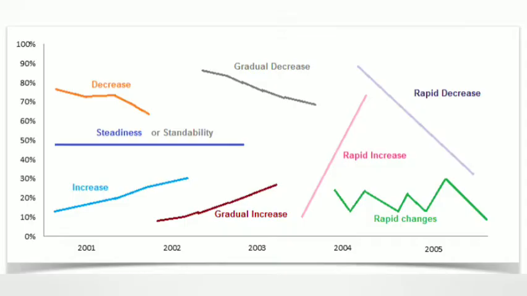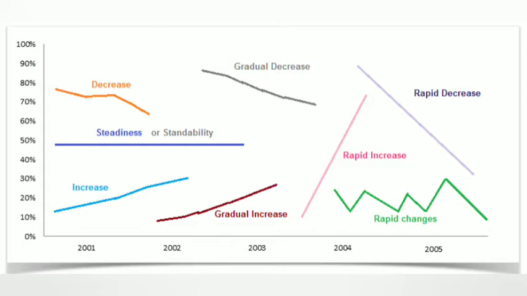Let's try to understand behavior of line in more detail with help of a diagram. Here we can see a black line. Black line here represents gradual decrease, which means small changes.